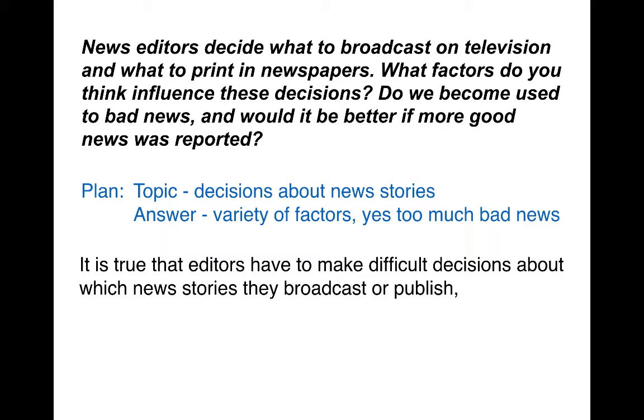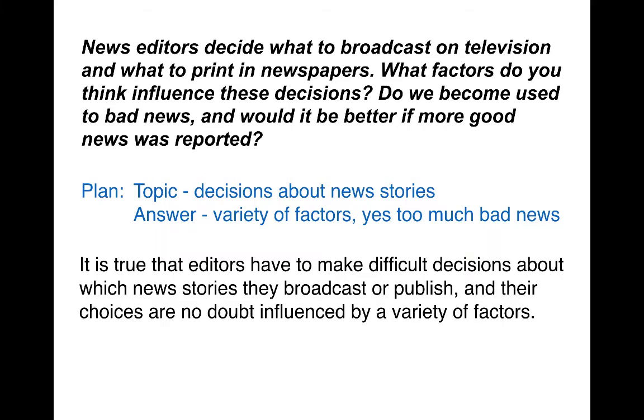You can see I've got a comma there because this time I thought I would add very quickly the factors on the end of that, the first part of the answer. And their choices are no doubt influenced by a variety of factors. So I've got the topic and the first part of my answer all in that first sentence.